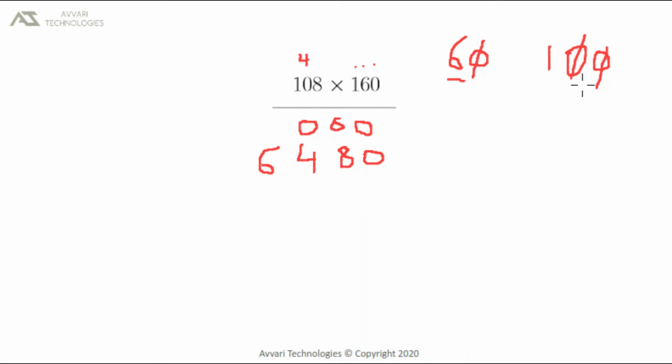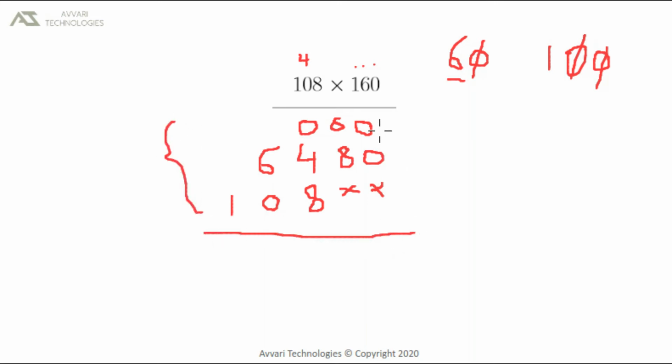Since we are not considering these two places, we can replace them with 0. 1 into 0 is 0. 1 into 1 is 1. Finally, we will add these three numbers.